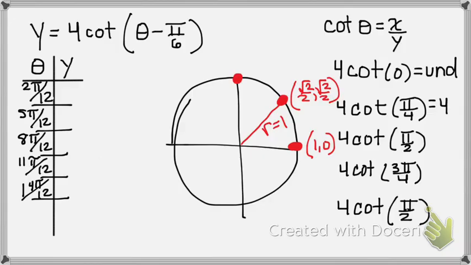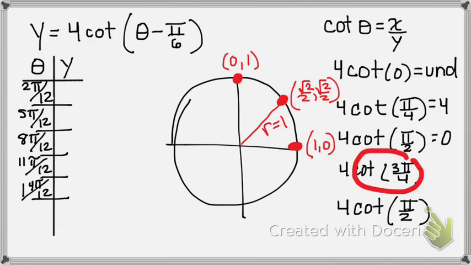Pi over 2 puts us here, and the coordinates for that are 0, 1. And when I look at the x over the y here, I get 0 over 1, which is 0. Therefore, the cotangent of pi over 2 is 0, and 4 times 0 is 0.